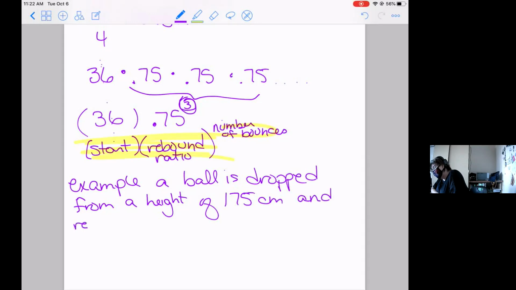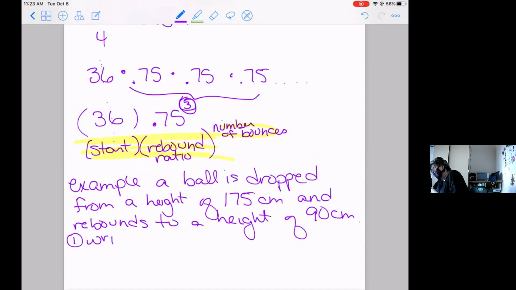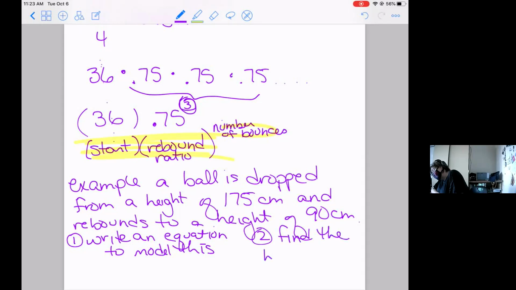And it rebounds to a height of 90 centimeters. First thing, write an equation to model this. And 2, find the height after 6 bounces.